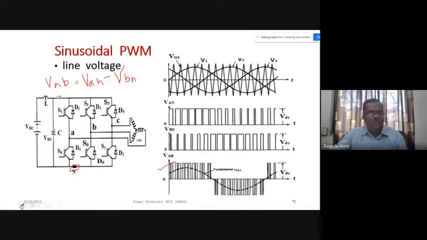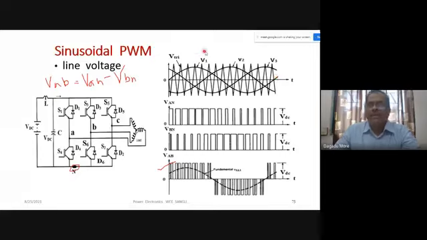It has some high frequency harmonics, but we definitely get the output voltage. How do we control the output voltage? We control it by controlling the magnitude of the modulating wave.